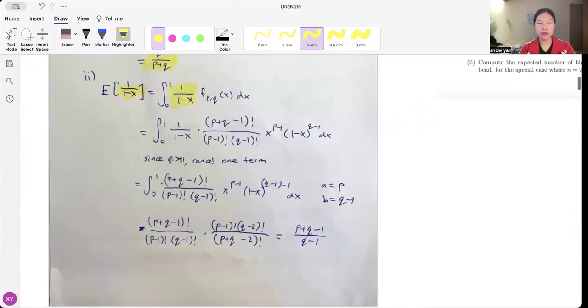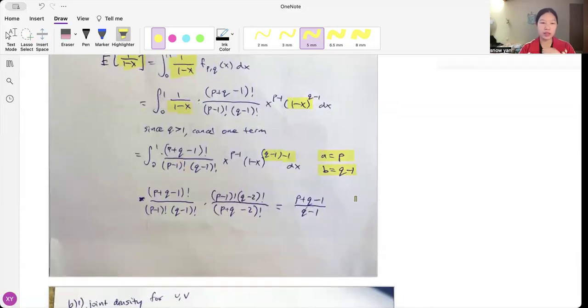Since q is greater than 1, we can be certain that the 1 minus x here can cancel out from over here. So what we would get is still our constant, x to the p minus 1 power, and then now here's q minus 1 minus 1. So then inside here, our a would be p, and our b would be q minus 1.